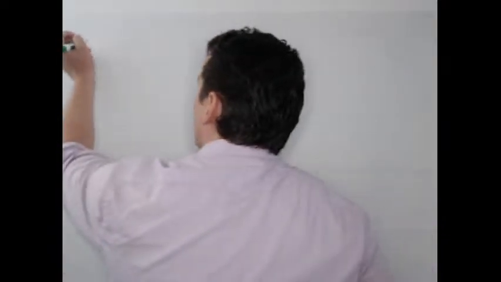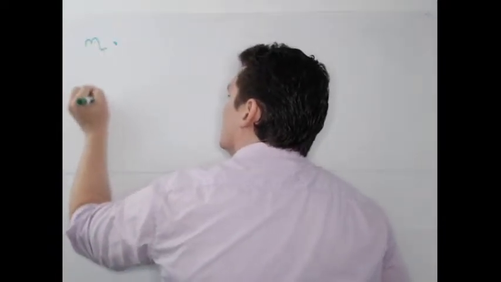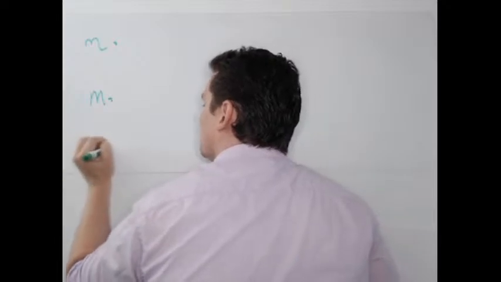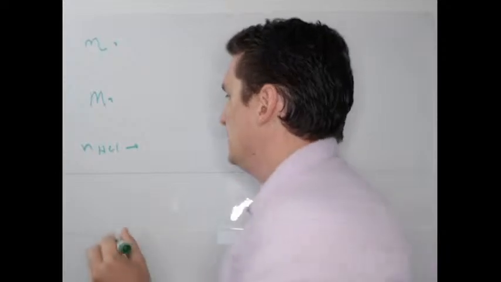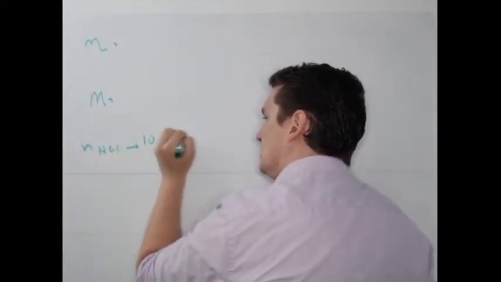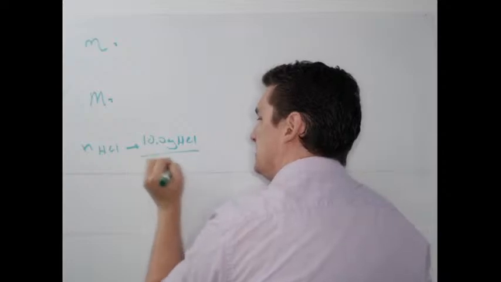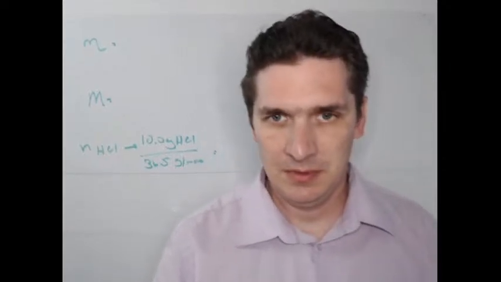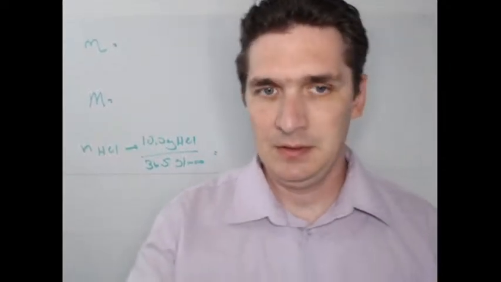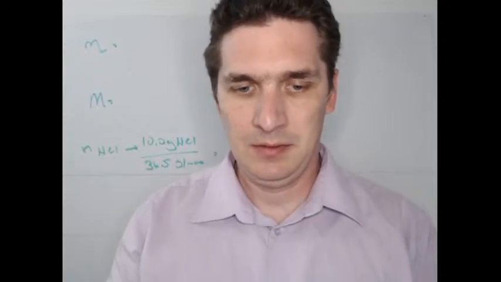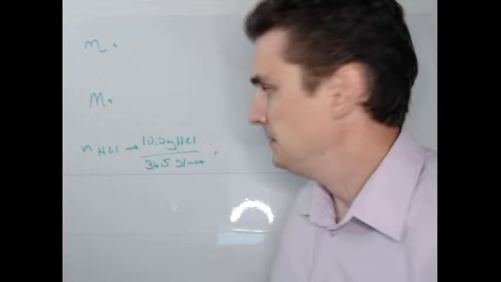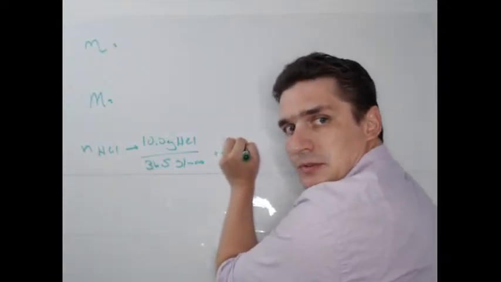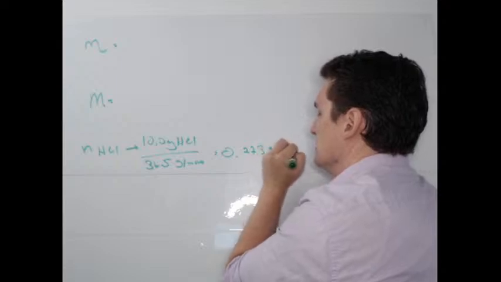So the two things we're going to need here are molality and molarity. For both of them, we need to know the moles of HCl. We have 10 grams of HCl, and we're going to divide it by its molecular weight, 35.5 grams per mole. This gives us 0.273973 moles.